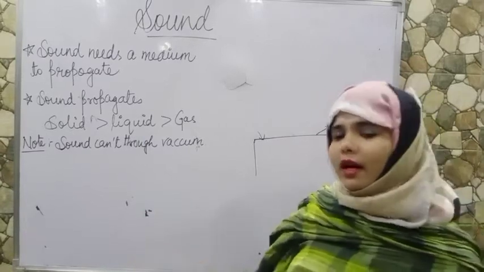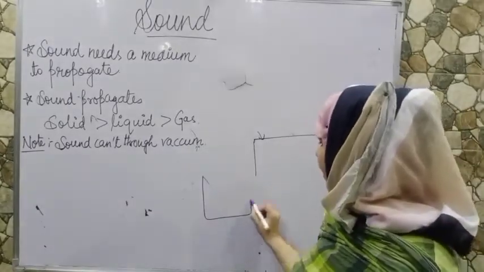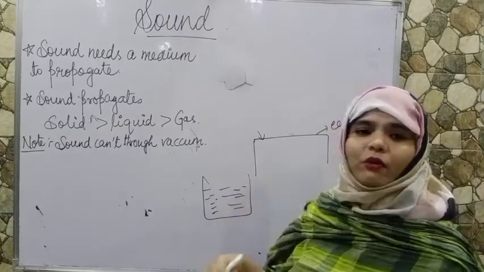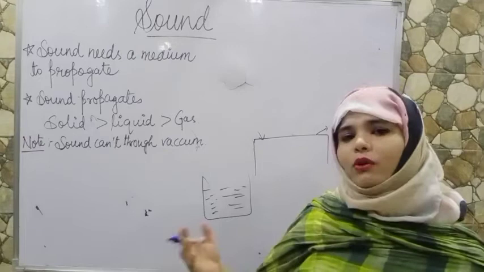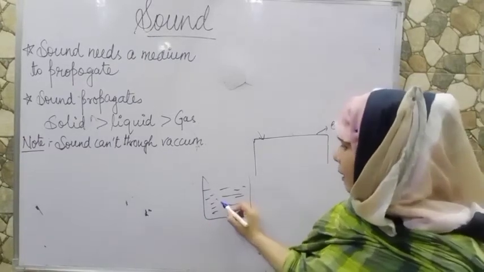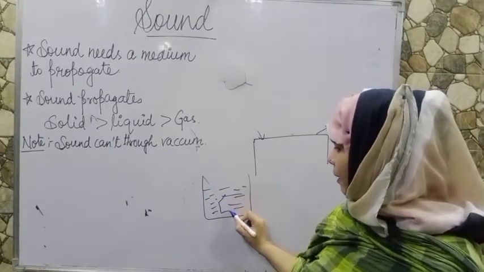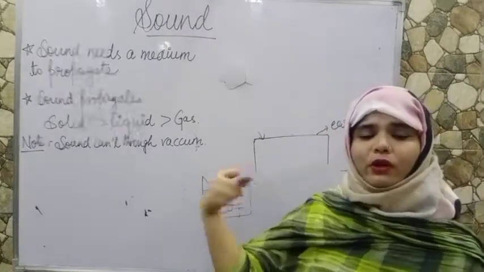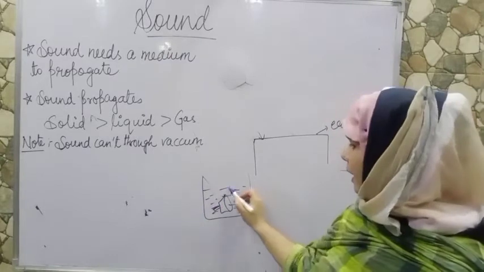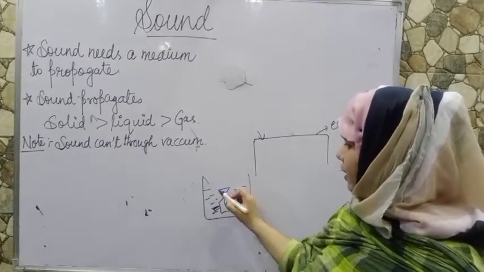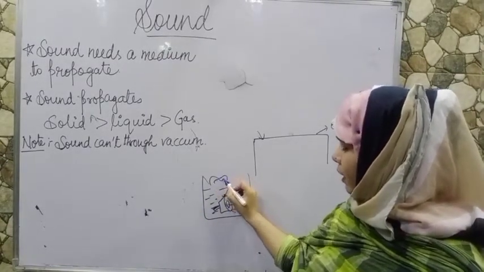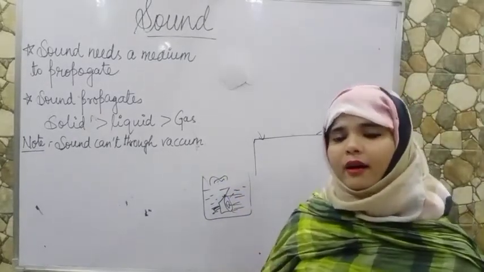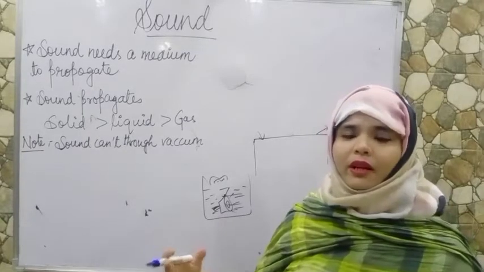And similarly, if you take a water tumbler and fill it with water, and put a bell in it and ring it with your hand, and you put your ear here, you feel the sound much higher than you feel in the air.